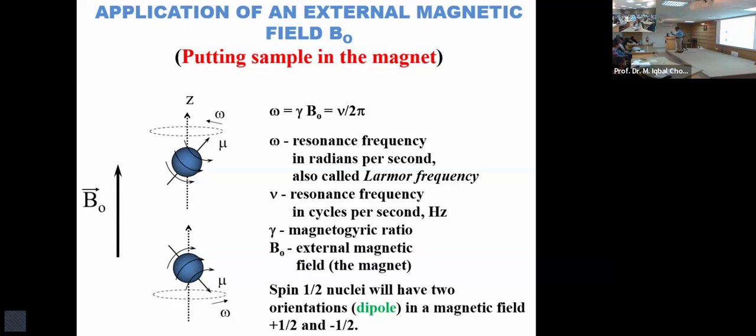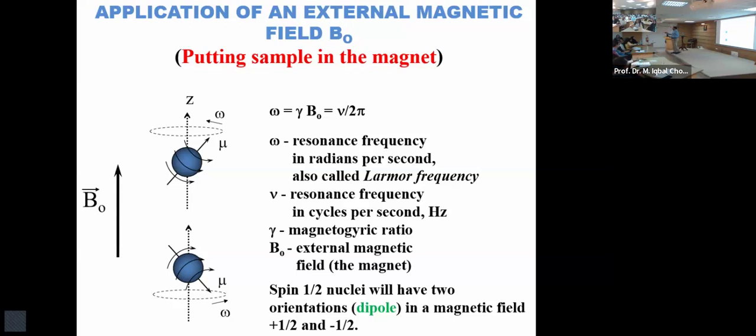Let me remind you again. When there is no magnetic field, NMR active nuclei are in all orientations. They are degenerate. They have no defined orientation. Therefore, they cannot absorb any radio frequency. When you place them in a magnetic field, they divide themselves into two or more quantized energy states.